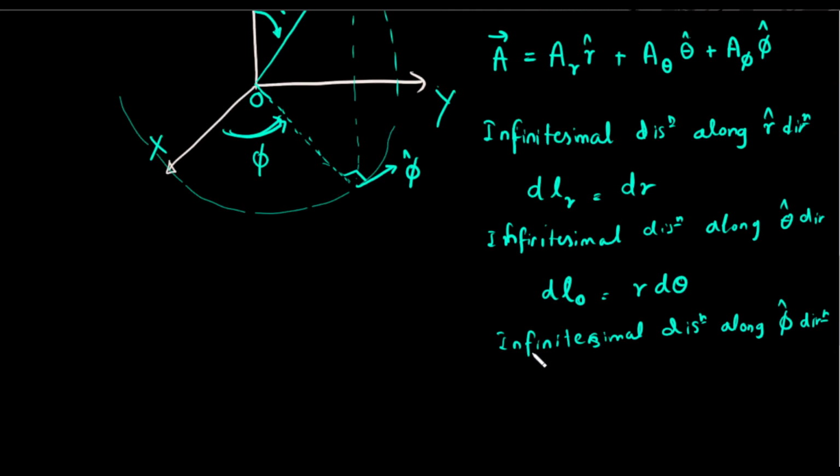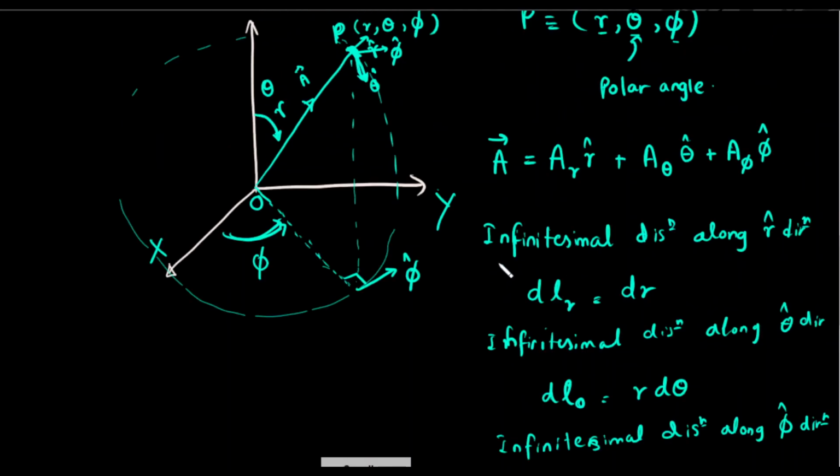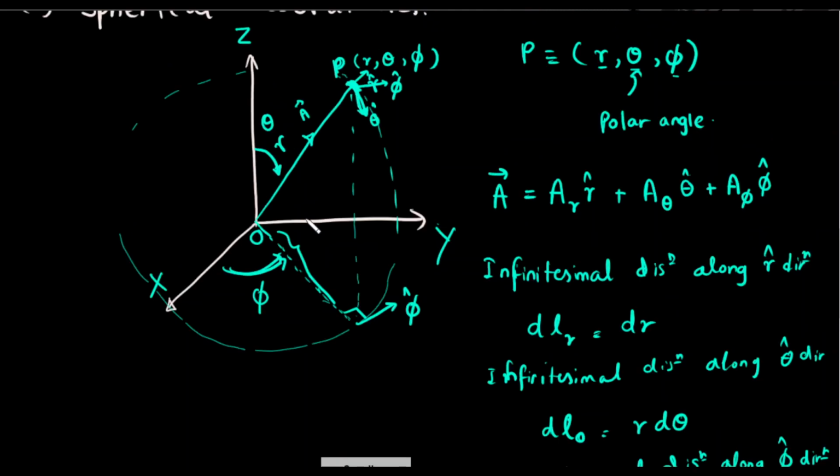Right now, finally, I'm going to write the infinitesimal displacement along the psi hat direction. The infinitesimal displacement along the psi hat direction is going to be this radius times d psi. Now I have to find this radius. This radius is going to be r sine theta.